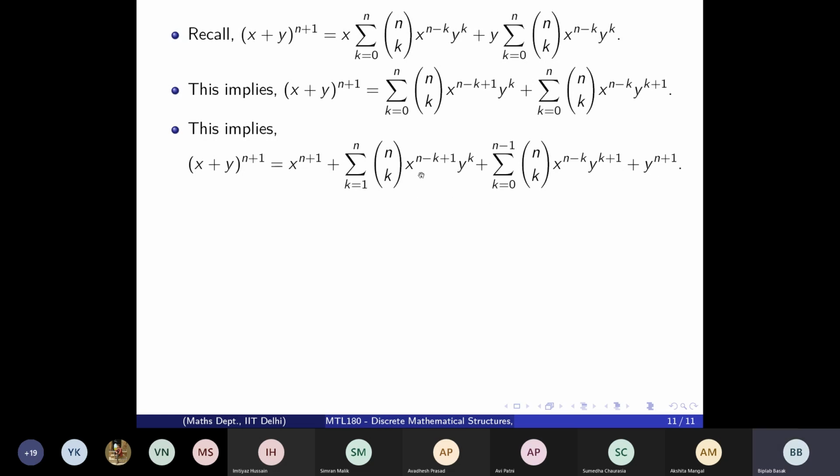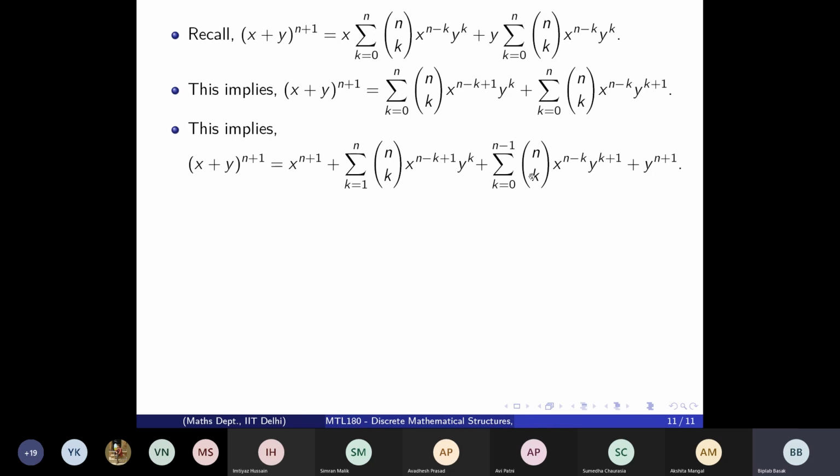Now what we are planning to do is take the summation of this and this together, but we cannot do it because their summations are different. To make the summation the same, just replace here k plus 1 by k. That means that will be y power k and x power n minus k plus 1.